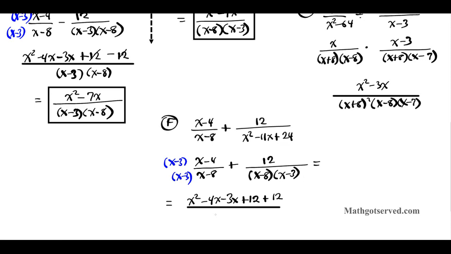So x minus 3 times x minus 8. And then when we simplify this whole thing, we'll have x squared minus 7x plus 24 over x minus 3 times x minus 8.